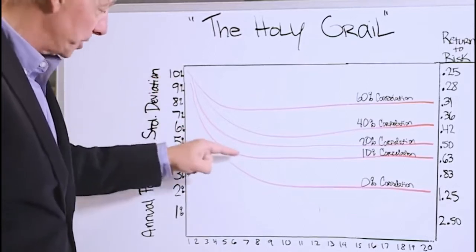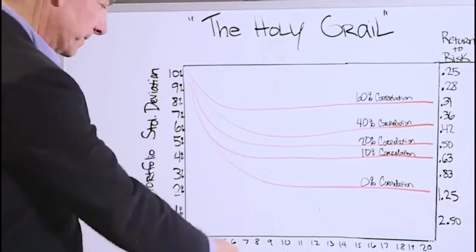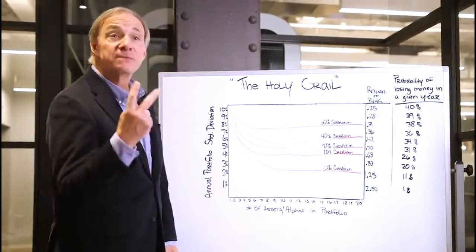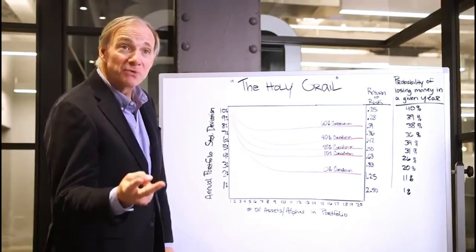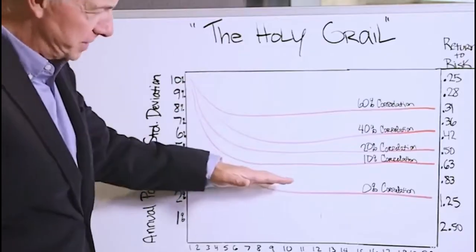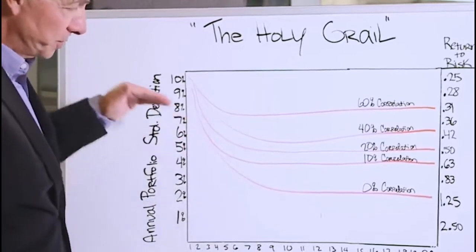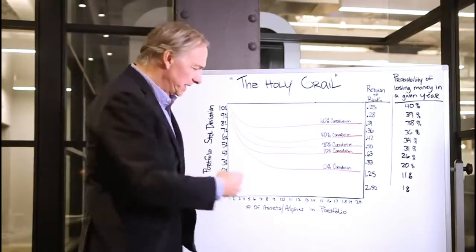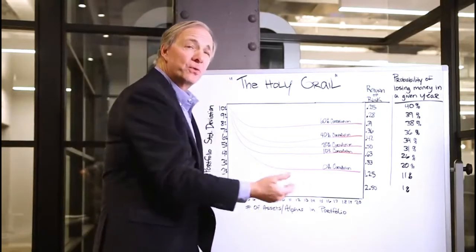It shows that at about 7 or 8 or so, I cut my risk in half. That means I've doubled my return relative to my risk. That's good. So as I go down this, I start to understand the power of diversification in terms of the things that I'm going to look for.